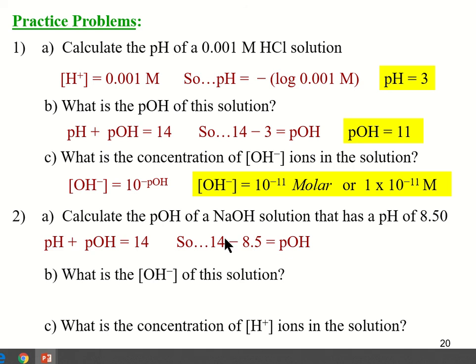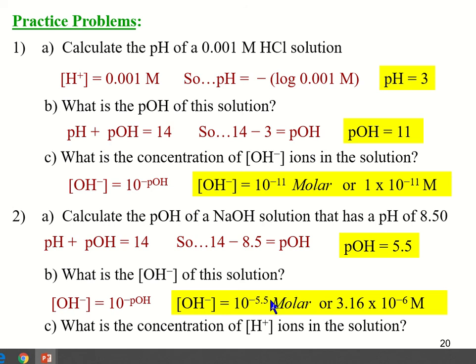I'm going to subtract 8.5 from 14, and I get a pOH of 5.5. Now, if I want to find the OH concentration, I can use the same equation that I used above. That's basically 10 to the negative 5.5, and you're going to see that this sodium hydroxide has 3.16 times 10 to the negative 6 moles.